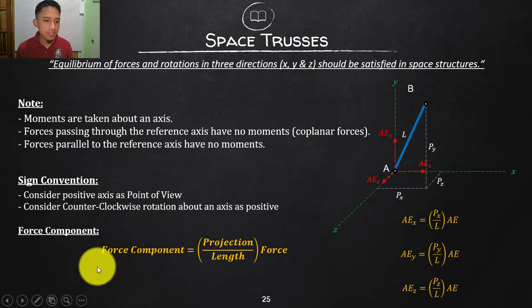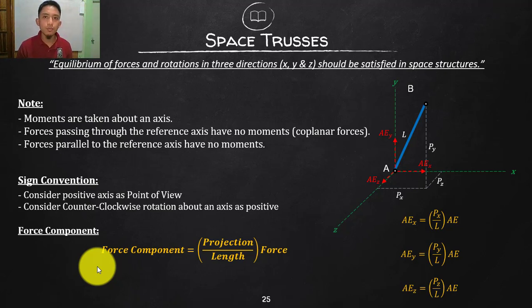So in a 3D or space structure, there are two chances: either your member is inclined only within a single plane, that is within the x and y axes only, or it is inclined with x and y together with z. If it leaves the plane of x and y going towards z, then there will be a third component, the z component.